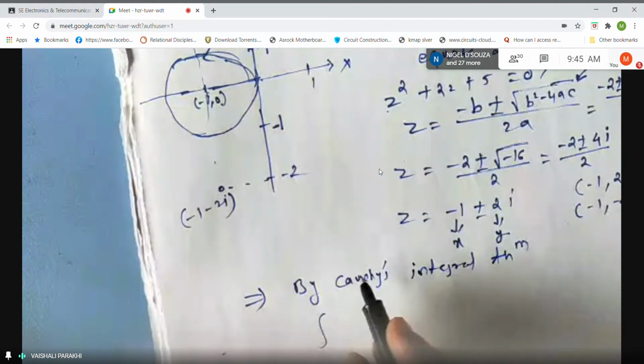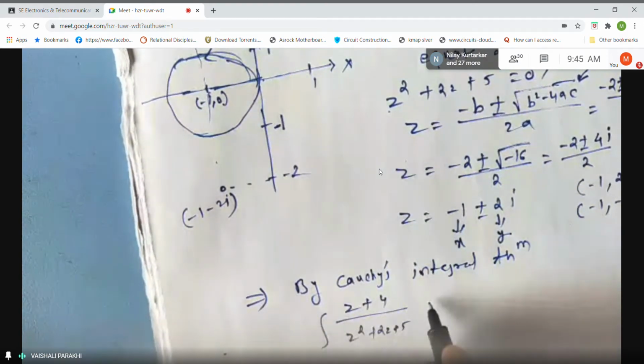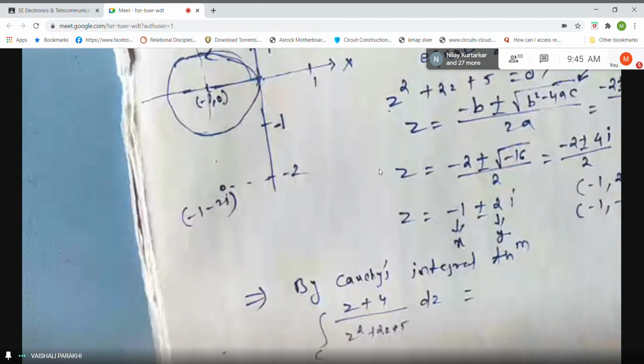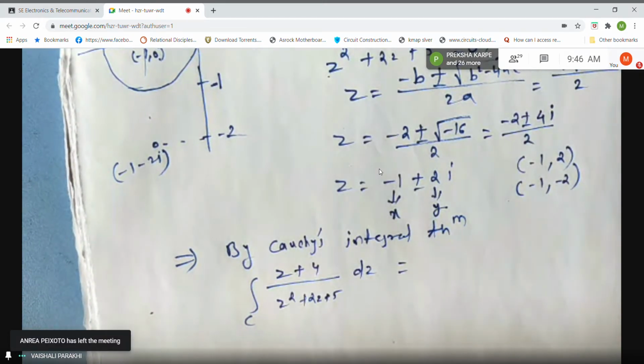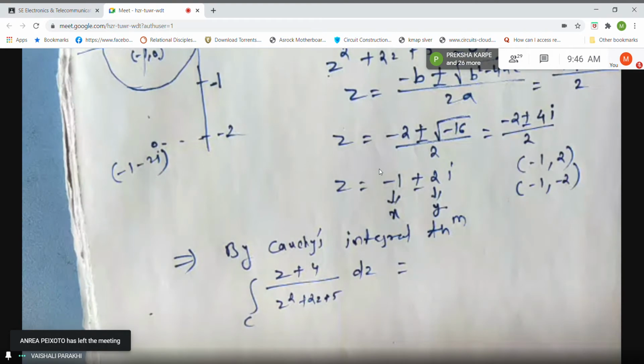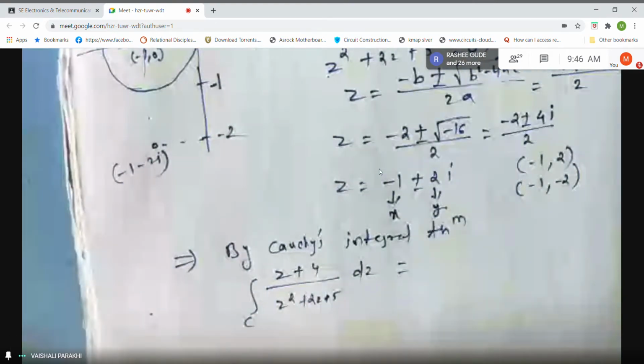what will be the value of the integral, students? z plus 4 divided by z square plus 2z plus 5. Who will tell me? By Cauchy's integral theorem, what do you get? Yes, anybody? Jeffin?